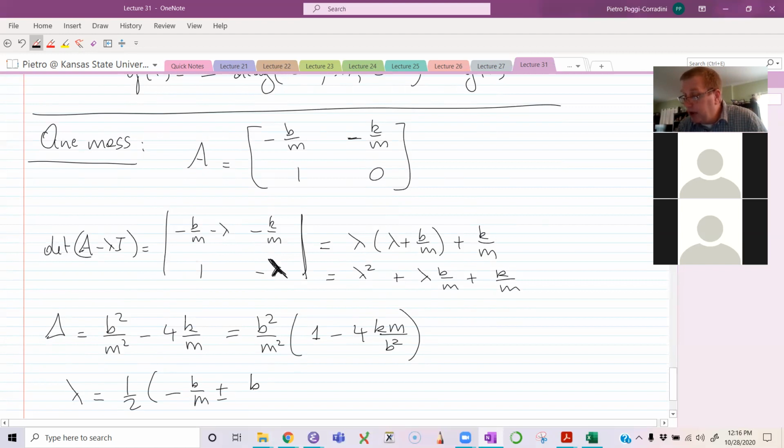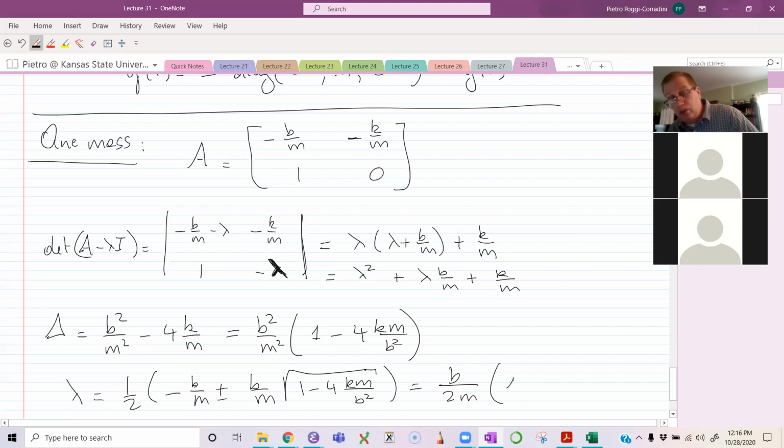So minus b over m, square root of 1 minus 4km over b squared.